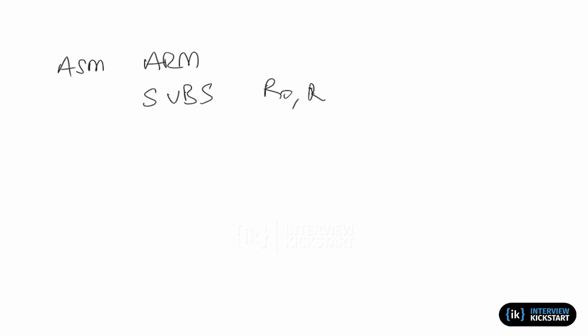Let's say x is in R1, y is in R2, and the result is going to be in R3, and we can use R0 as a temporary register.